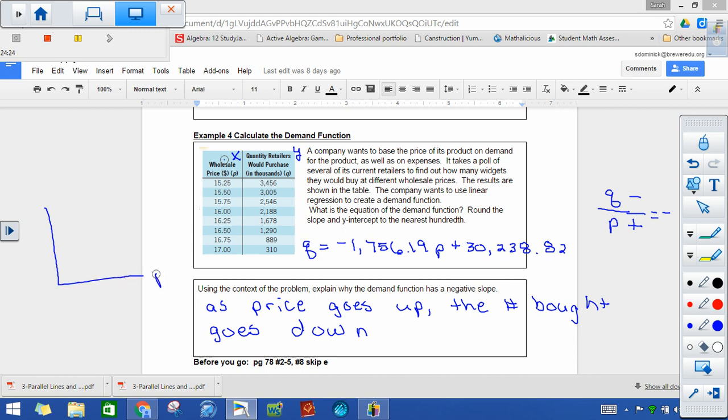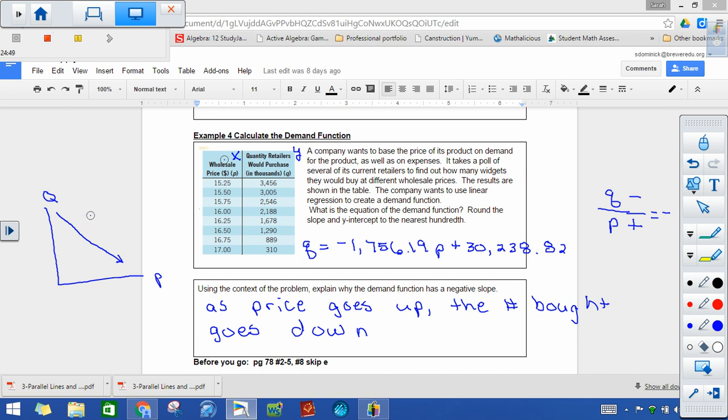Price is my x, so here's price. Here's my quantity. So they're saying as the price goes up, as price gets bigger and bigger, the number bought goes down. So it would look like this. A linear regression. So that would be a negative slope as well.